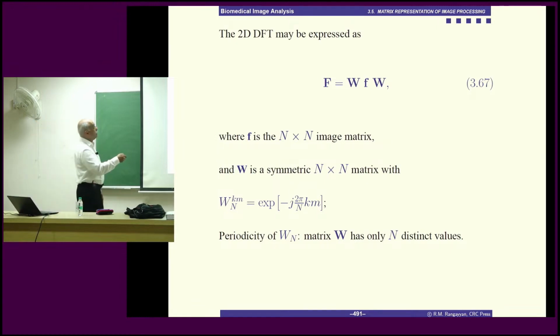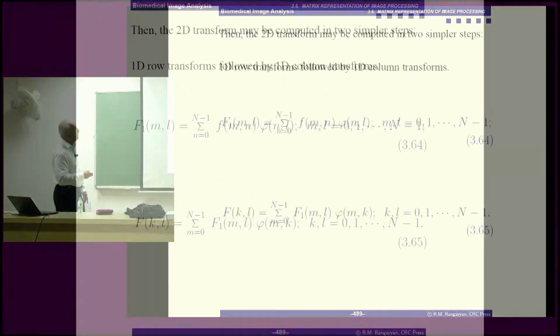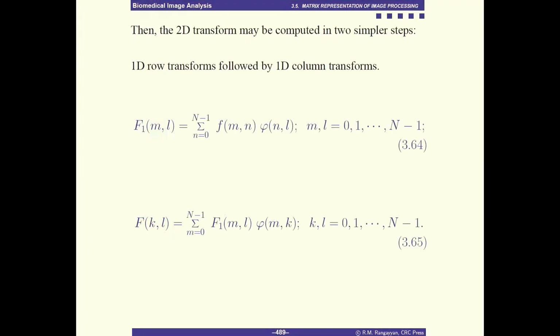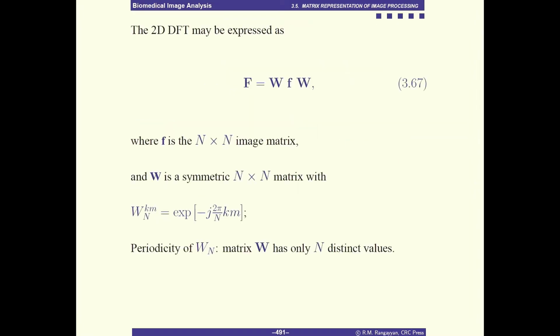Now there is pre-multiplication and post-multiplication for first column or row transformation, then transformation on the other dimension. Row or column, whichever one you want to do first. So WFW, but these are all n by n matrices.